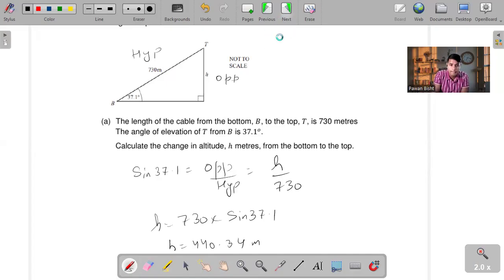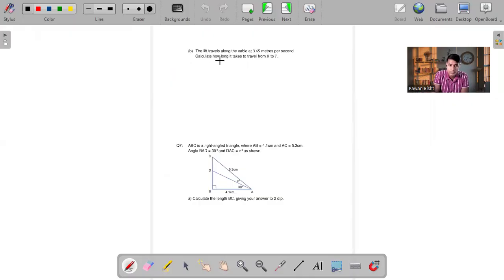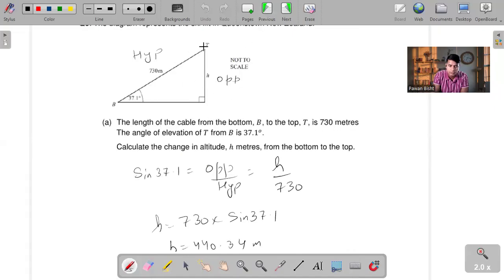Now B part. The lift travels along the cable at 3.65 meters per second. How long does it take to travel from B to T? Now, a little bit of physics comes. What is the formula of speed?